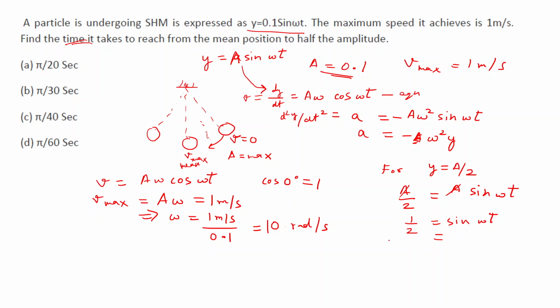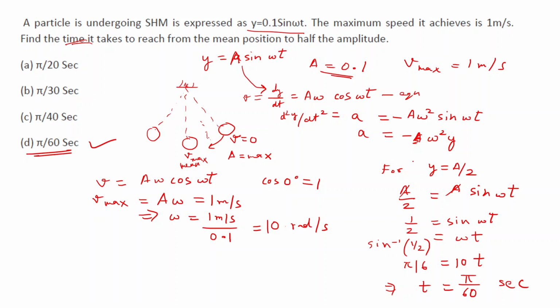Let's take sine inverse of half, which is equal to omega t. Sine inverse of half actually is 30 degree, and 30 degree, when I write it in radians, will be pi by 6. Omega is 10 and this is t. From this we can calculate t to be pi by 60. Pi by 60 seconds will be our answer.